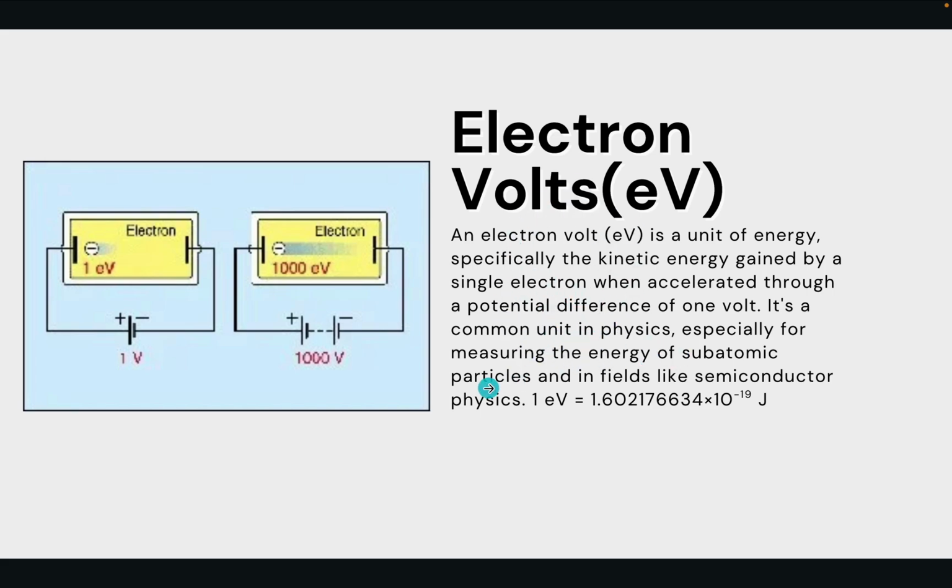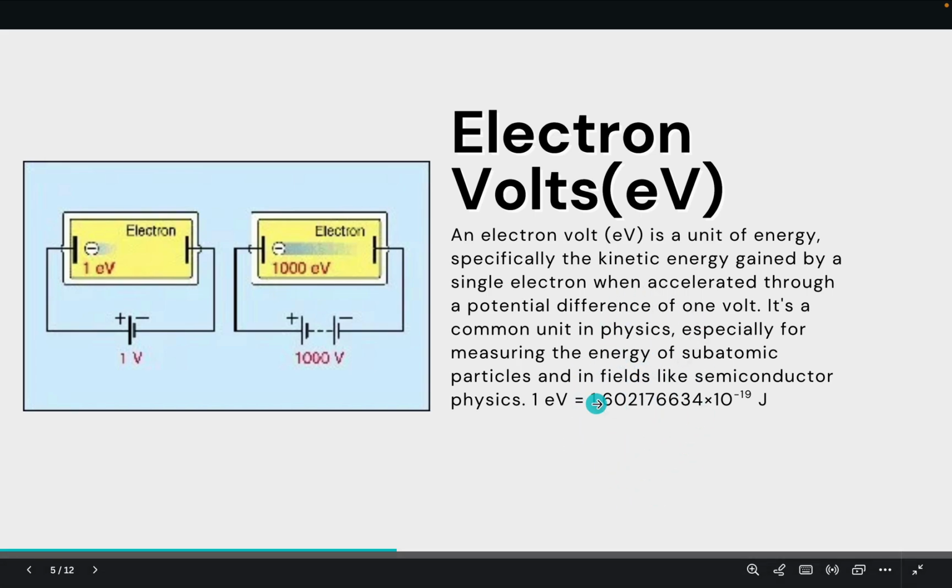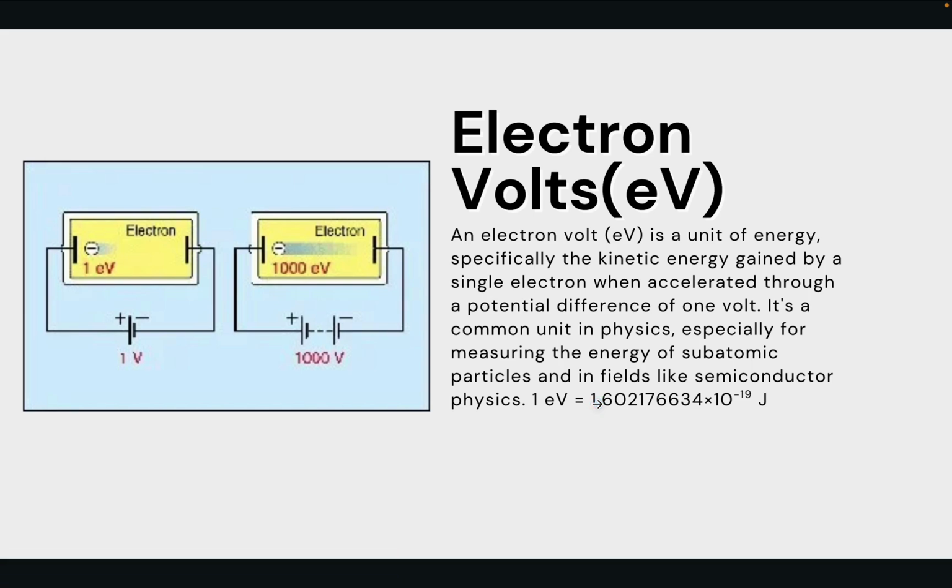In more familiar units, 1 electron volt is equal to 1.6 multiplied by 10 to the power of negative 19 joules. That may seem like a tiny amount of energy, and it is, but on the atomic scale, it's very meaningful. For example, the energy of visible light photons is around 1 to 3 eV, but the energy released in alpha decay can be millions of electron volts, or mega electron volts.